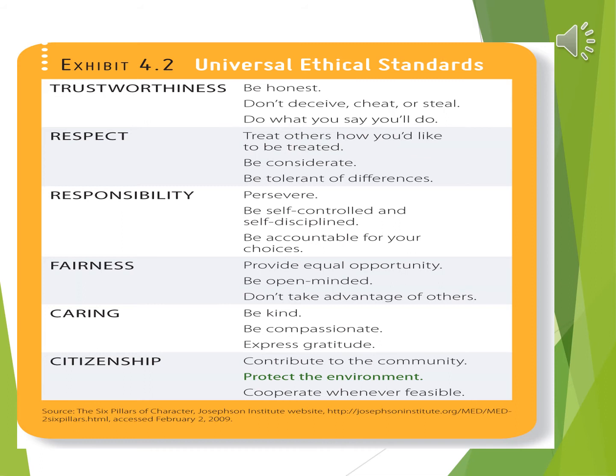Then the next one is responsibility. Persevere, be self-controlled and self-disciplined, be accountable for your choices. As we know, responsibility means anything you're supposed to do, you have to do it. Anything assigned to you that you accepted, you will do it, so be responsible. You should be accountable.